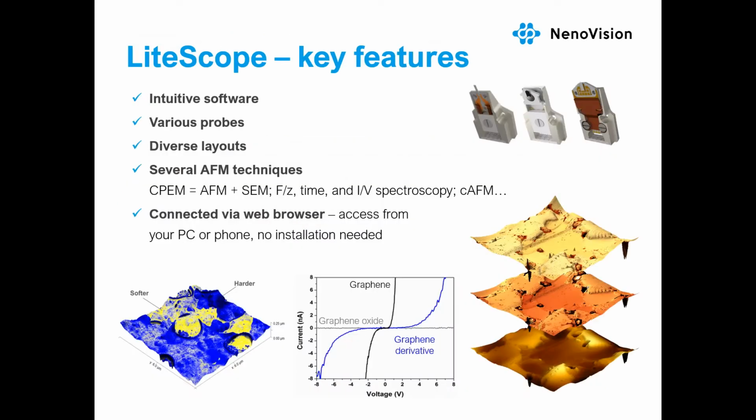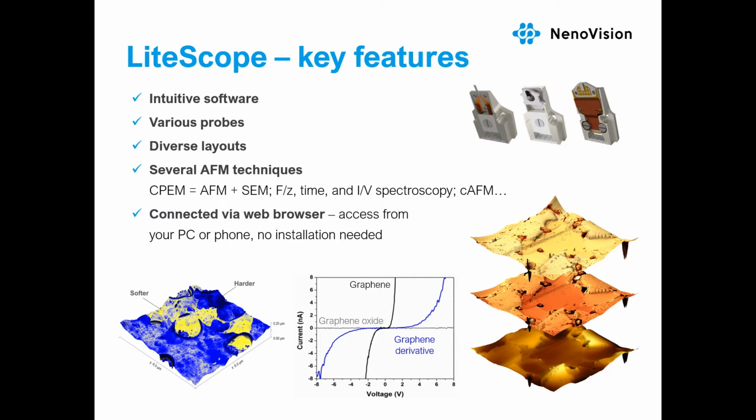Before we start measuring, I would like to point out a few of the LiteScope features. LiteScope is operated in NanoView Software, which is quite intuitive and easy to learn. You can measure with different probes using diverse layouts, which are very similar.